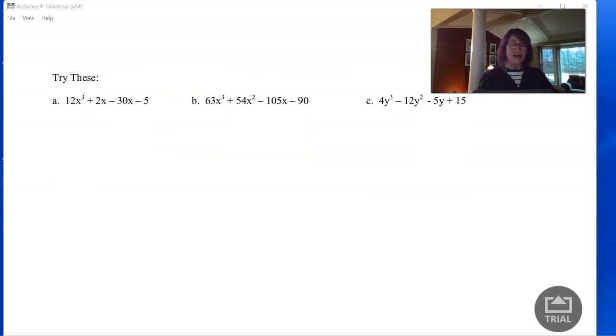You go ahead and try these next three. All right. So for this first one, I'm just going to go ahead and put parentheses.